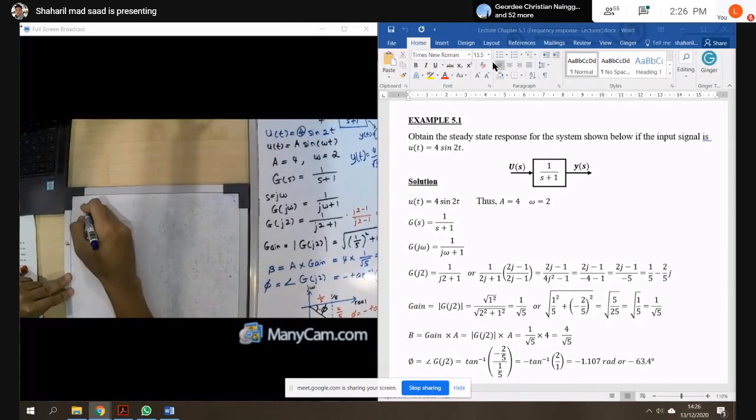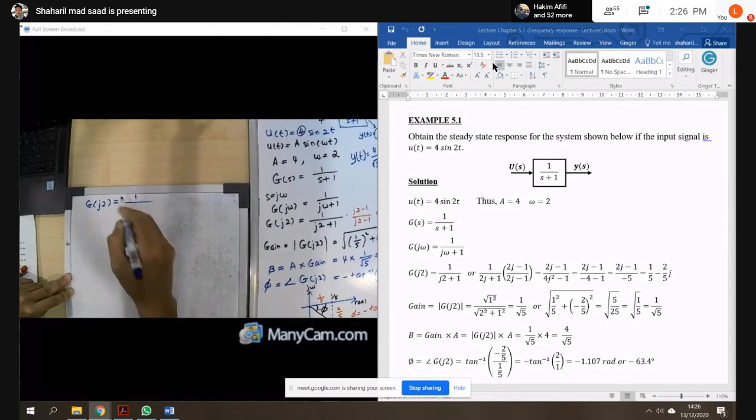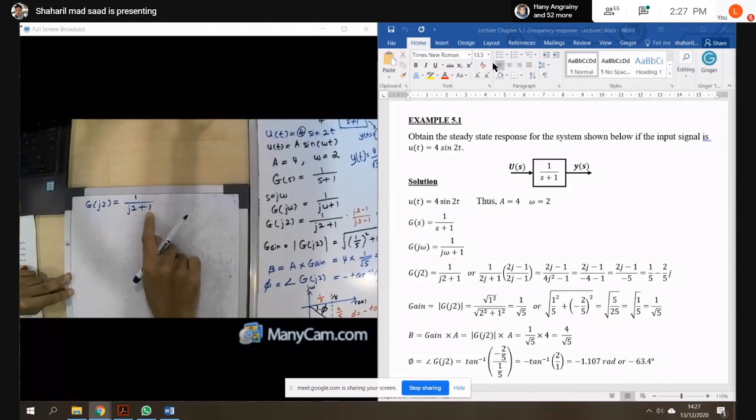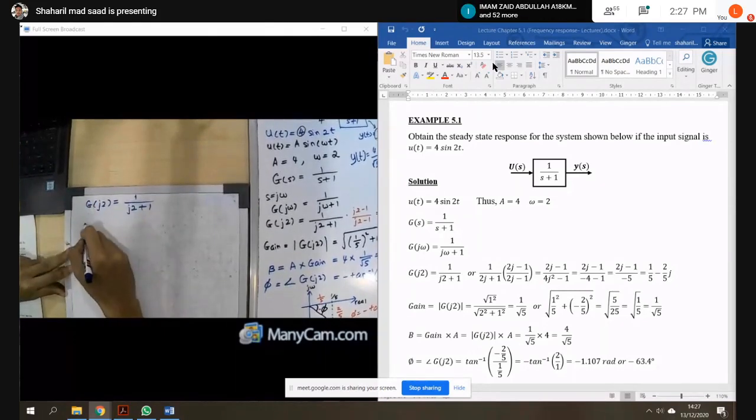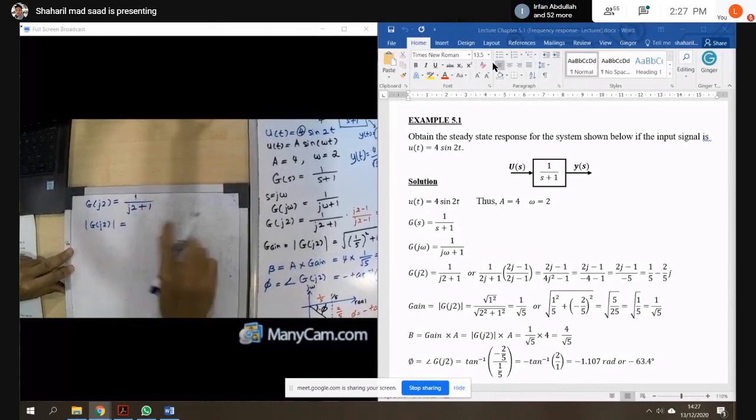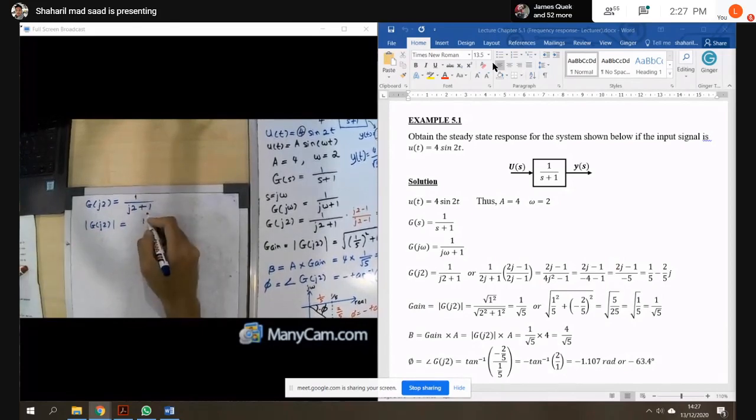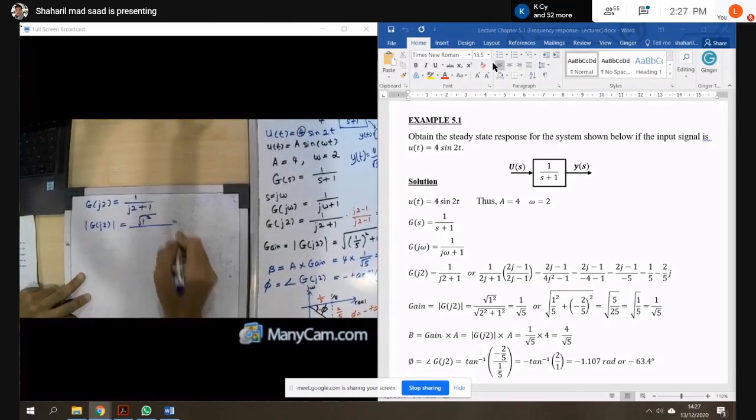Of course, we start from G(jw) is equal to 1 over j2 plus 1. In order to find the magnitude, the 1 over is like 1 squared, the magnitude is 1 divided by the square root of 2 squared plus 1 squared.